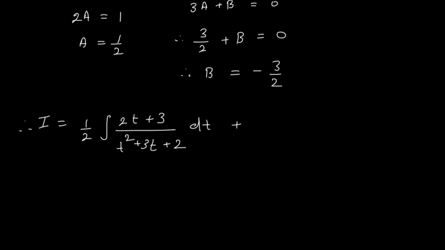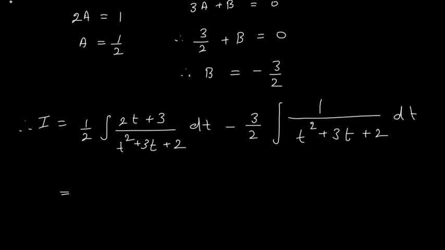Here we have a negative sign, so I will write minus 3 upon 2 taken out, and here I have 1 upon t square plus 3t plus 2, into dt.